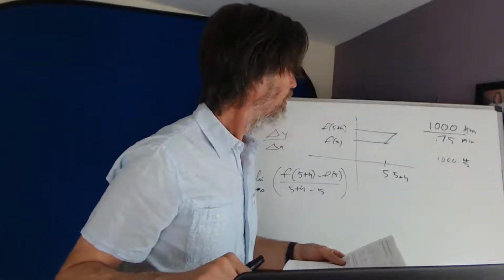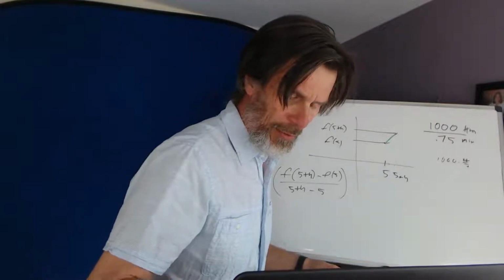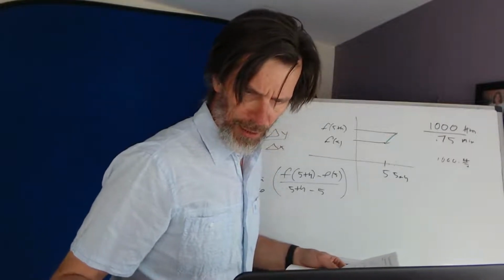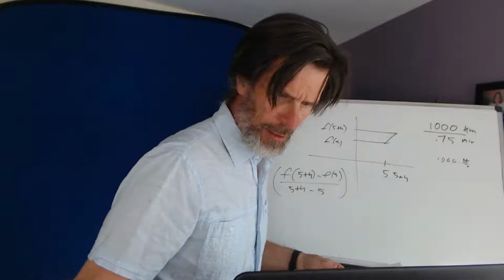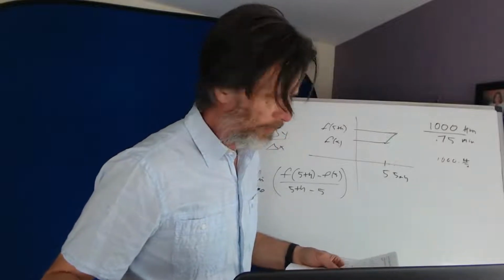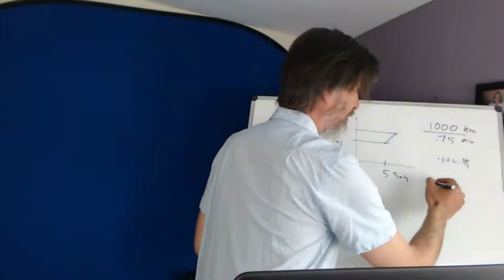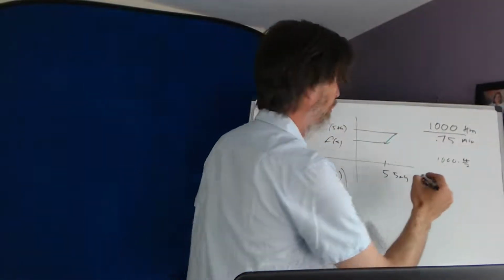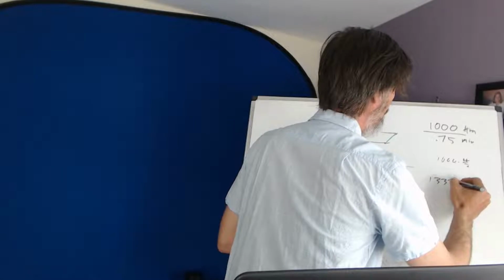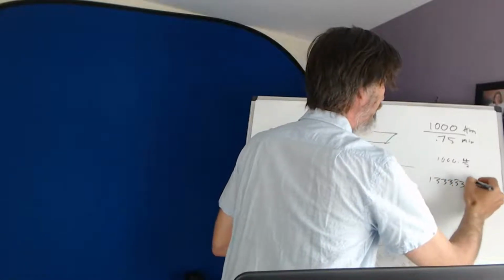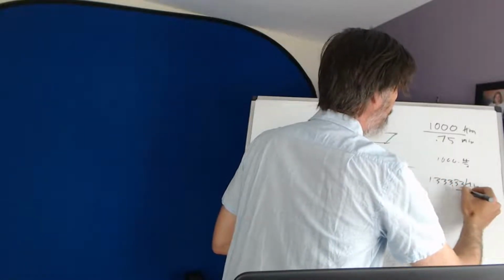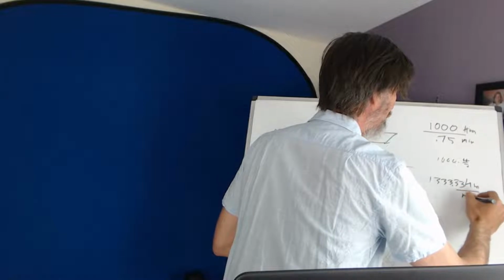I changed this problem a little bit from last semester. Let me make sure I did it right. Okay, so it looks like it's about that many kilometers per minute.